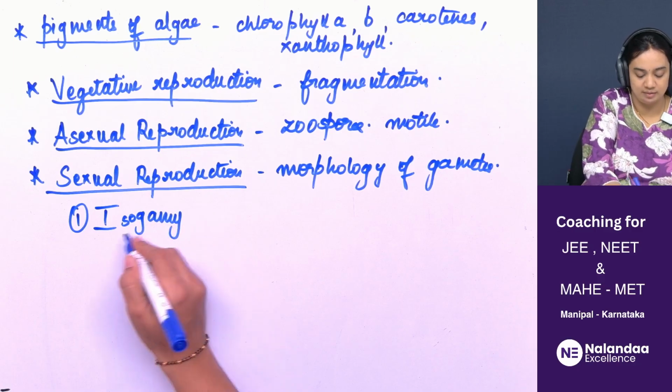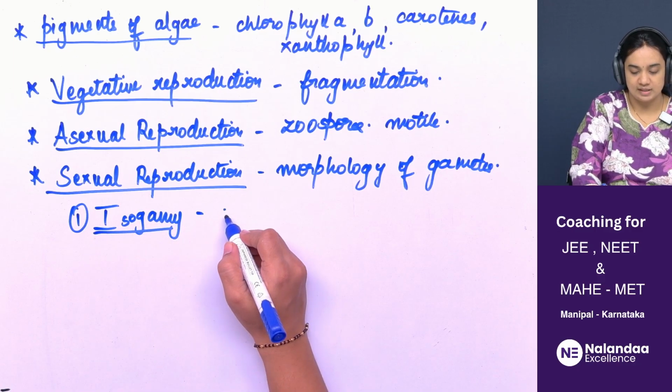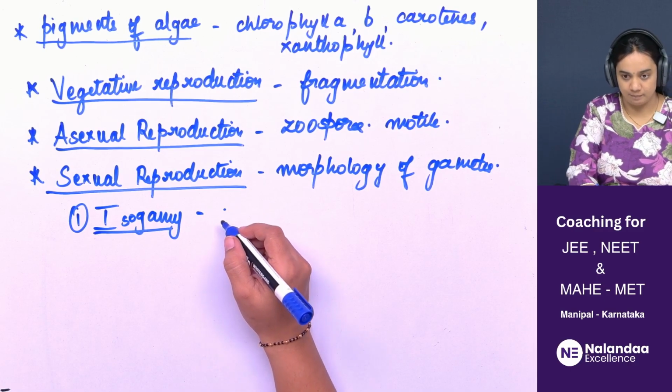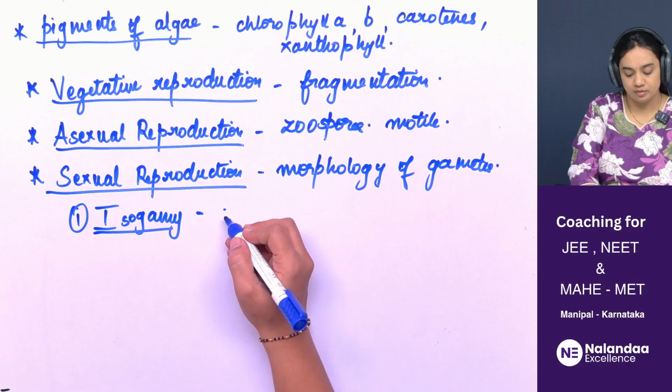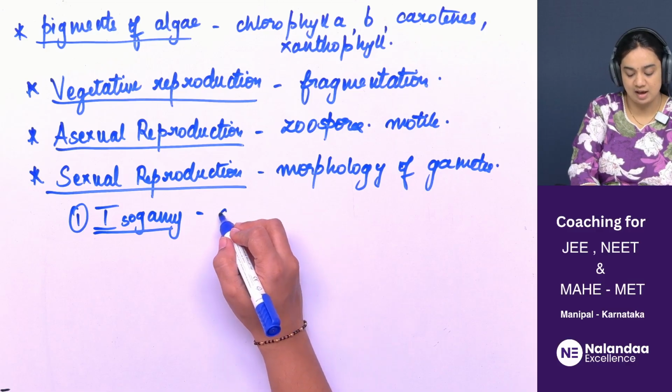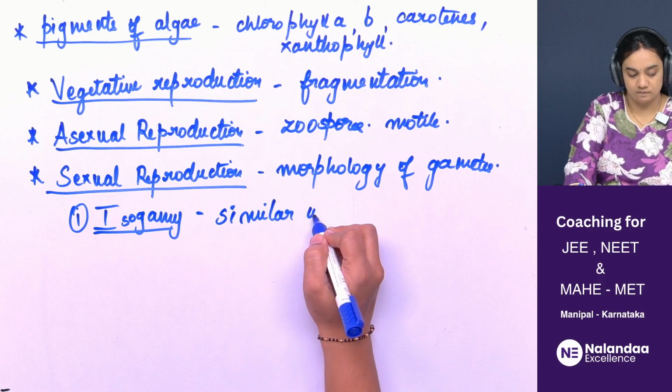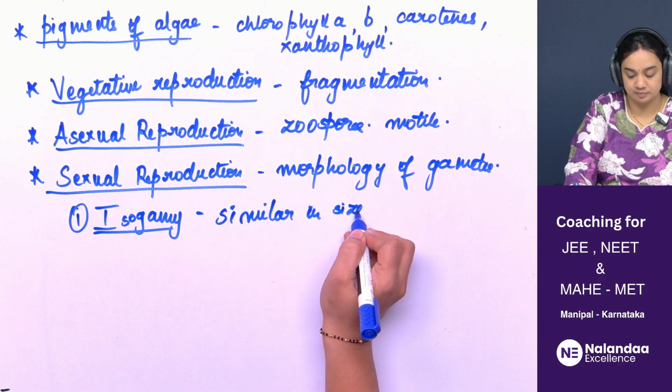Now what is isogamy? The fusing gametes are similar in size and shape.